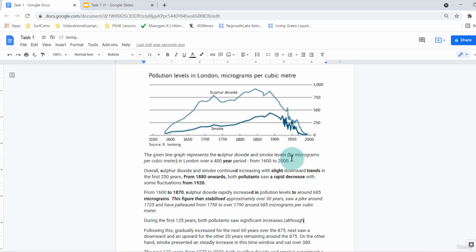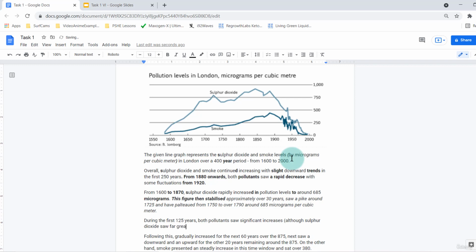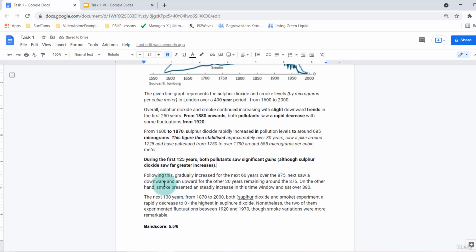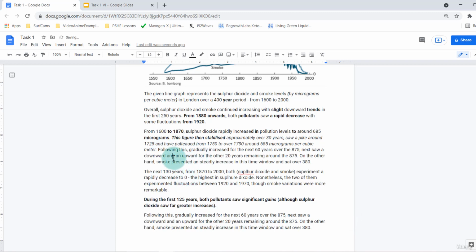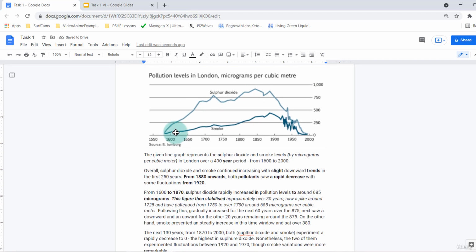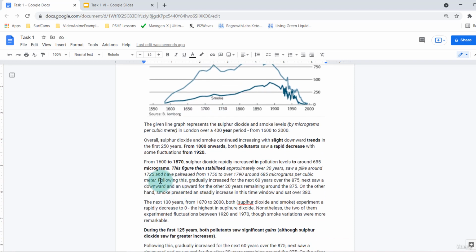I could maybe say although sulfur dioxide saw far greater rises, so far greater increases. However, there's a repetition here, saw significant gains, I'll say, so that we're not repeating ourselves. So this is probably something that I would start off with for this graph. So although it's paragraphed and structured well, there are some errors in terms of how the student is step by step explaining. Let's continue.